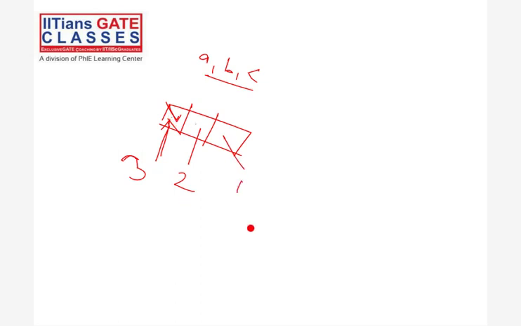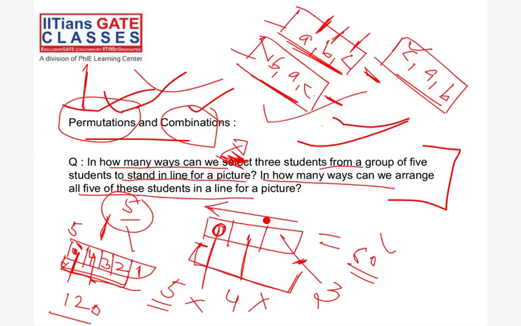So you can see there are 6 orders or 6 permutations possible. Again, permutation is nothing but ordering. Order matters, so A B C is different from B A C, and B A C is different from C A B. So you can see with 3 students, or three symbols, we have 6 permutations possible.